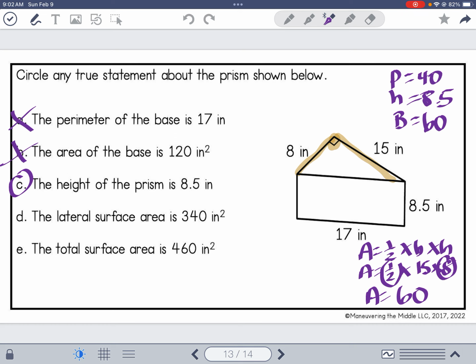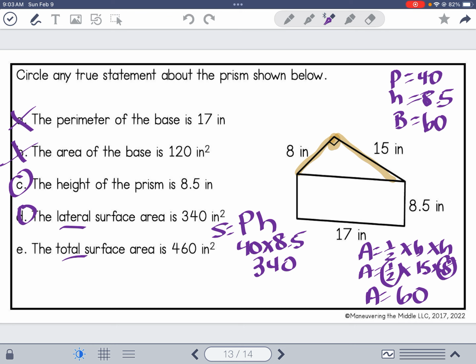All right, so now that we have this, we can plug it straight into the formula. Now they want lateral and total, so we are going to have to do pH. And perimeter is 40. The height is 8.5. So on your calculator, 8.5 times 40 is 340. So that one's correct. 340.